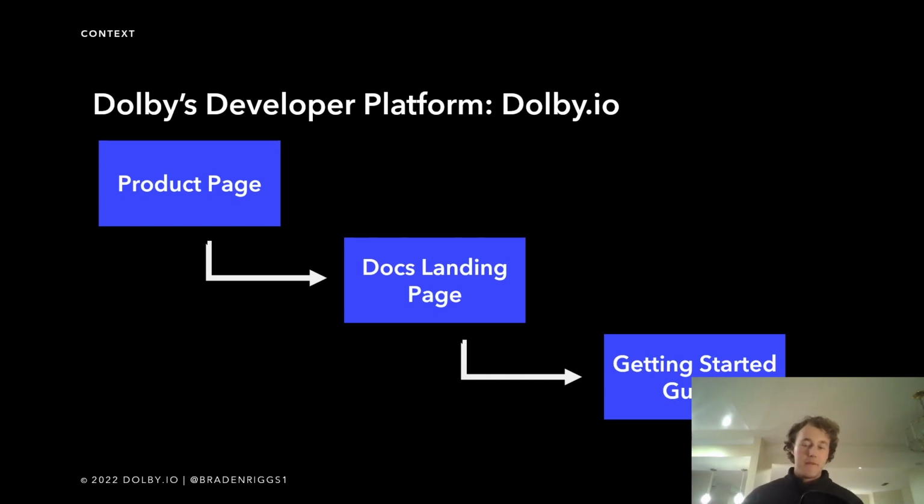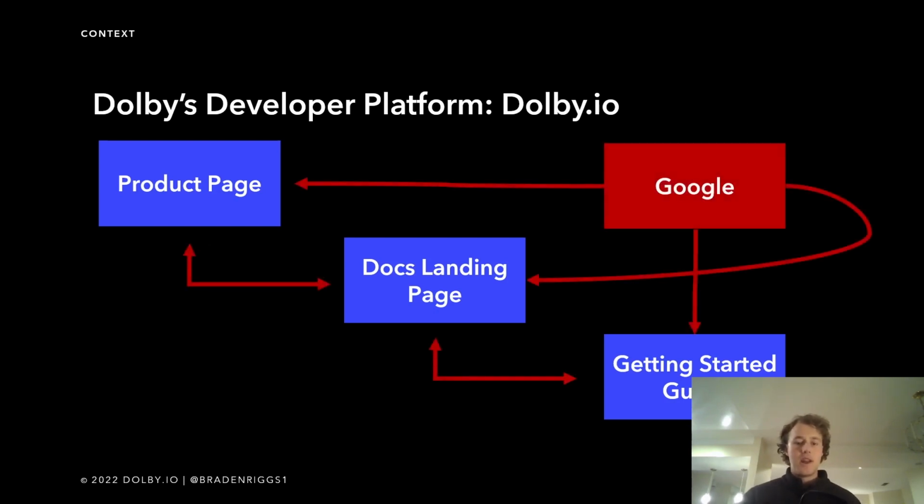See, I think the trap that we fall into in the technical writing space and creating these developer products is this myth that everybody finds and navigates through technical content in the same way, where we expect users to start on a product page, enter into our documentation landing page, and then navigate sequentially through documentation to find what they're looking for, or to get started, or to get to the API reference. When in actual fact, that really isn't the case.